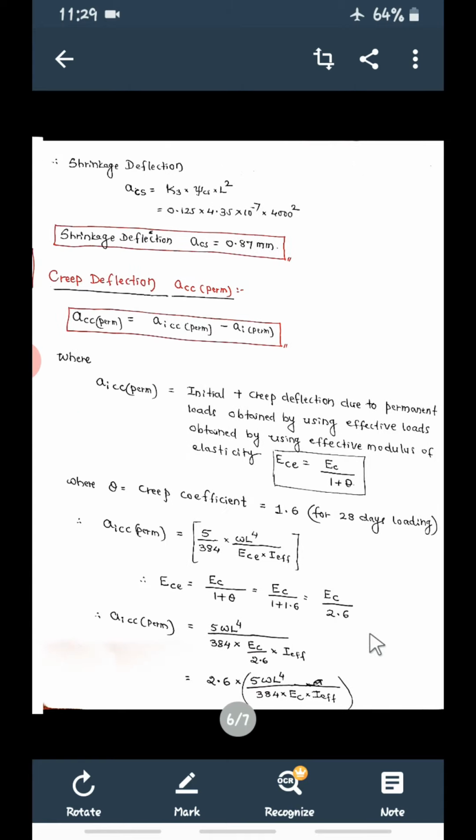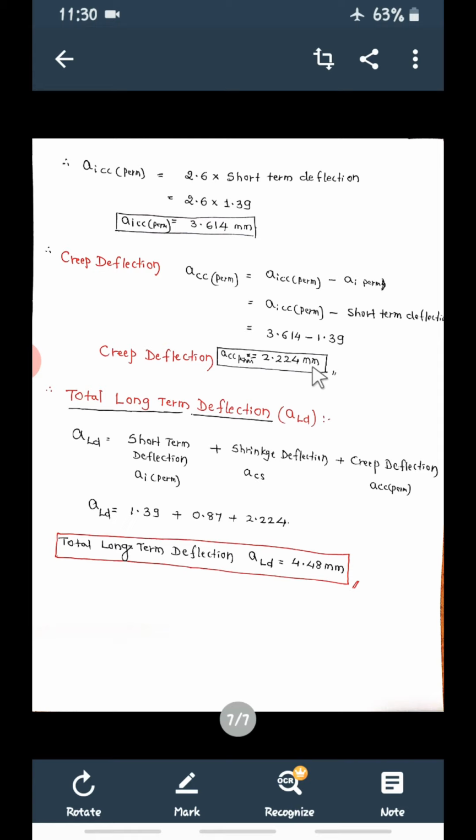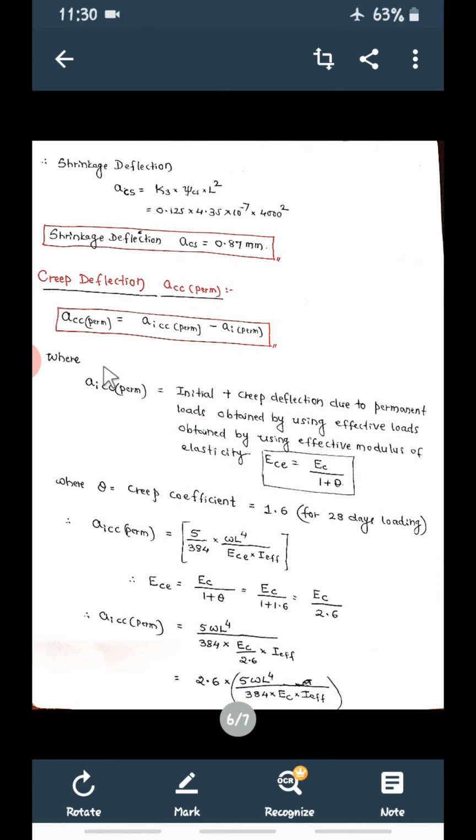So 3.614 minus 1.39, in the previous calculation it is 1.39. So therefore creep deflection will be 2.224 mm. Now this is the creep deflection, and previously we have calculated the shrinkage deflection.